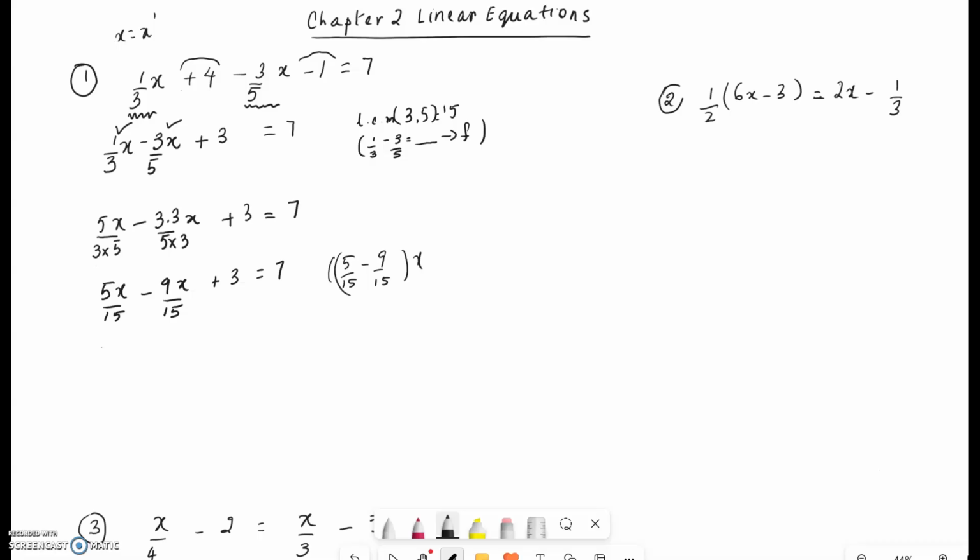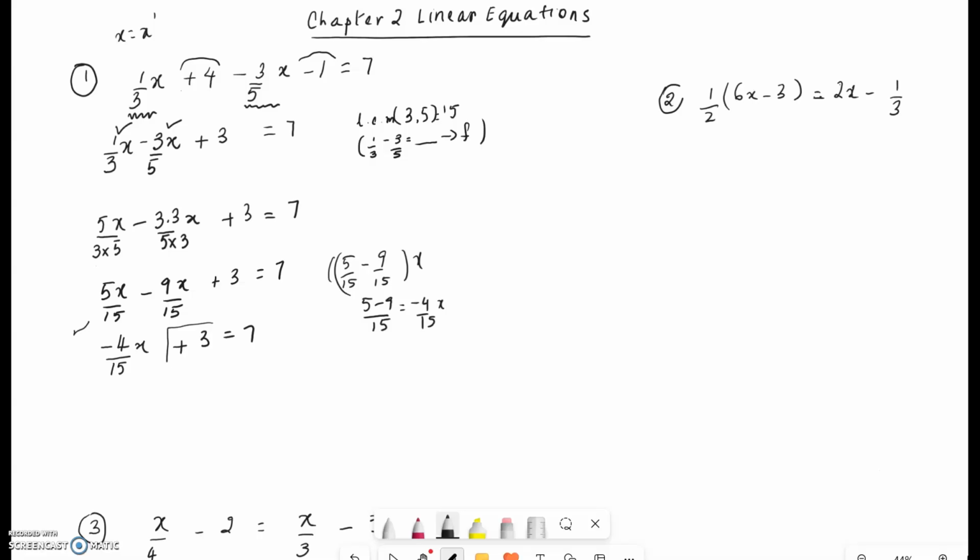So that is -4 over 15x. We're subtracting fractions with the same denominator. So that's 5 minus 9 over 15, and that's how I get -4 over 15. And of course, an x is multiplied to it. Plus 3 equals 7. So we have a single x term, in this case on the left.